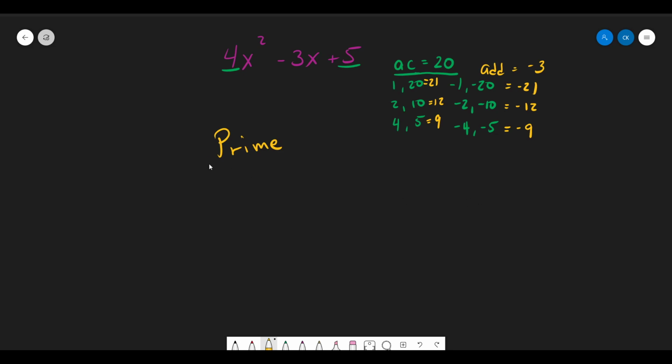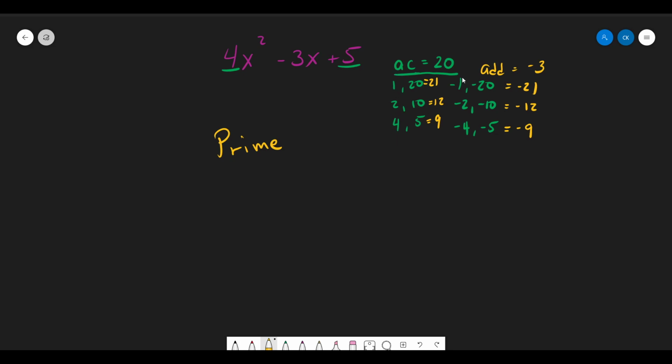So we would just write prime, and that would be the answer. Okay? So again, if you do the steps, you look at AC, you find all your factor pairs of AC, and none of the factor pairs add up to equal that, then we would call it prime.